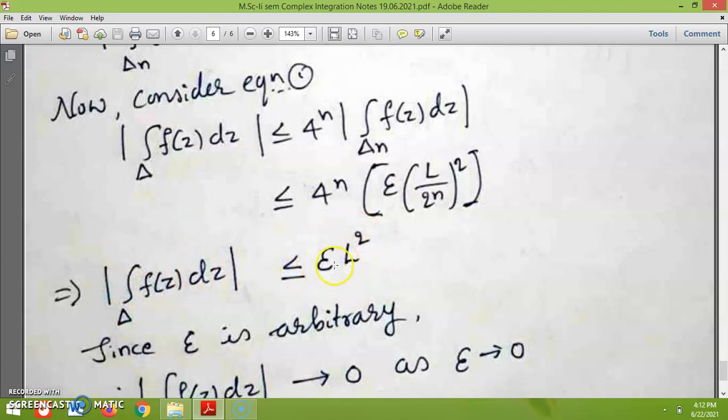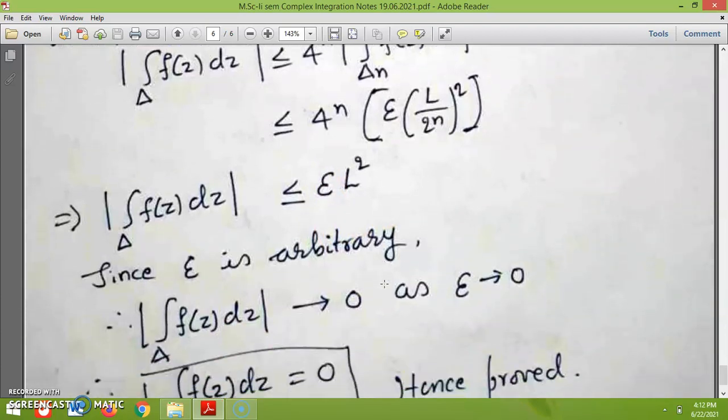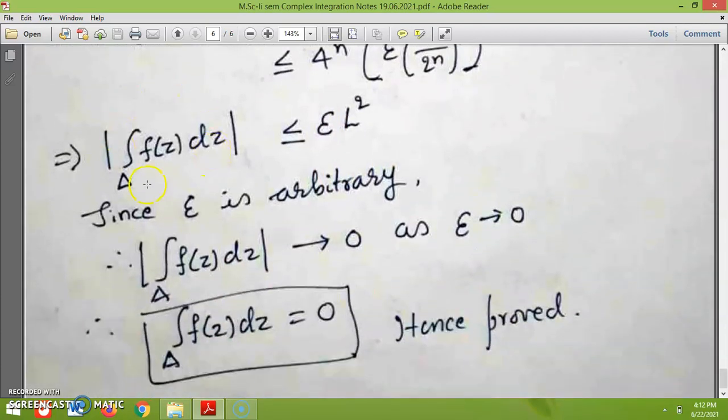Since epsilon is very small, you can take it as arbitrary, so we can make it close to 0. Then this integration is close to 0 as epsilon approaches 0, because epsilon is a very small quantity.